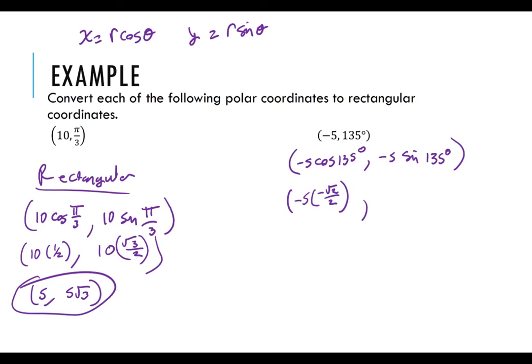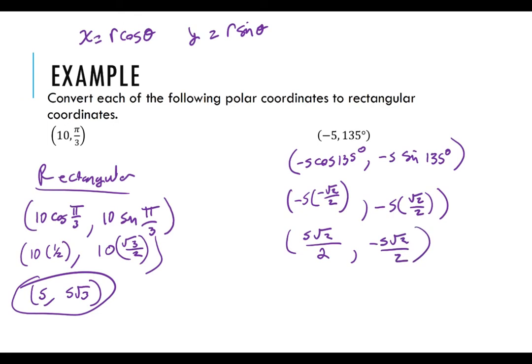And then my y-coordinate, negative 5 sine of 135 degrees, that's going to be positive root 2 over 2. And so that's negative 5 times root 2 over 2. And so then we get that this is not negative anymore. Negative times negative is positive, so that's 5 root 2 over 2, and negative 5 root 2 over 2.